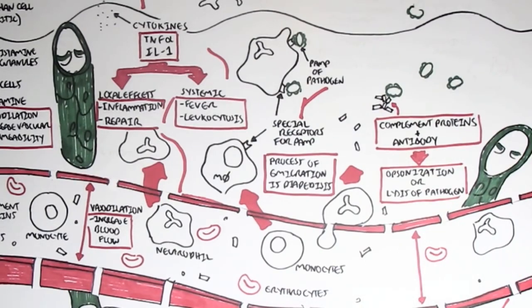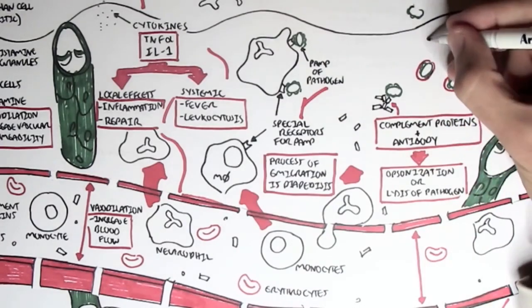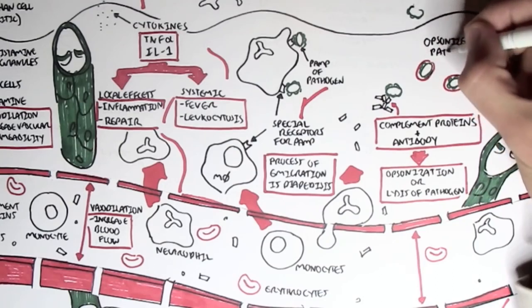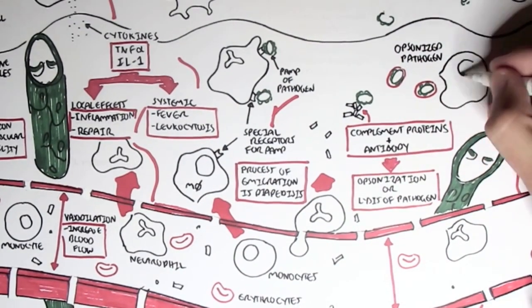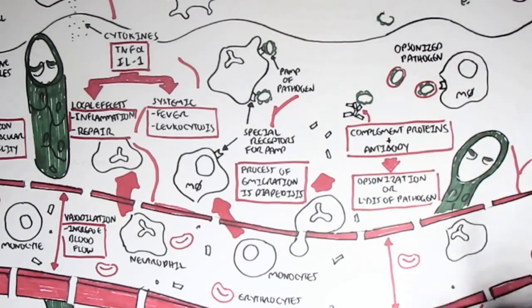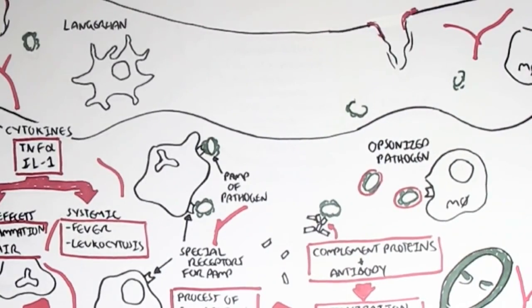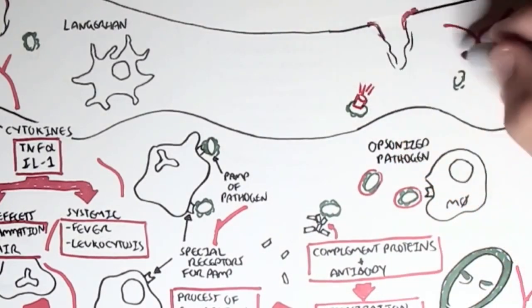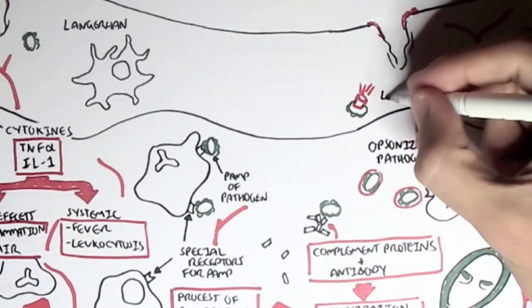So let's talk about opsonization first. Opsonization of pathogens by complement proteins and antibodies essentially coats the pathogen. This allows phagocytes, such as neutrophils and macrophages, to detect these pathogens more easily, to destroy it. Now, lysis of pathogen is essentially when a hole is created on the pathogen, the bacteria, causing it to burst.